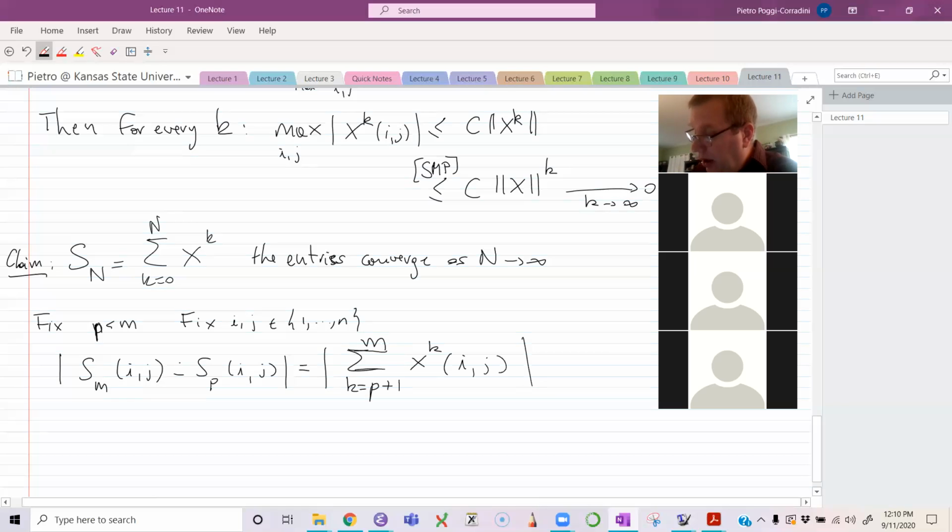By the nature of partial sums. Now, using the triangle inequality, I can pass these absolute values inside.